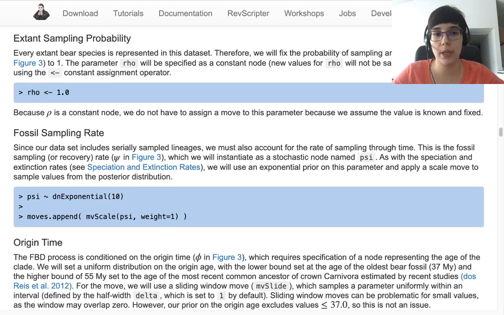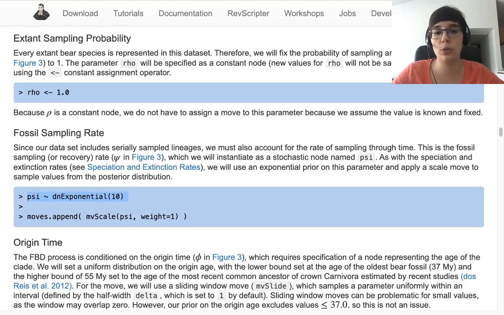Now, we know the extant sampling probability, but what about the extinct sampling rate? Now, this parameter is psi, and it's called the fossil sampling or the recovery rate, and it's also an important parameter of the FBD process. Since we do not know this value, we are going to infer it during the analysis, and so similarly to the speciation and extinction rate above, we are going to set that up as a stochastic node.